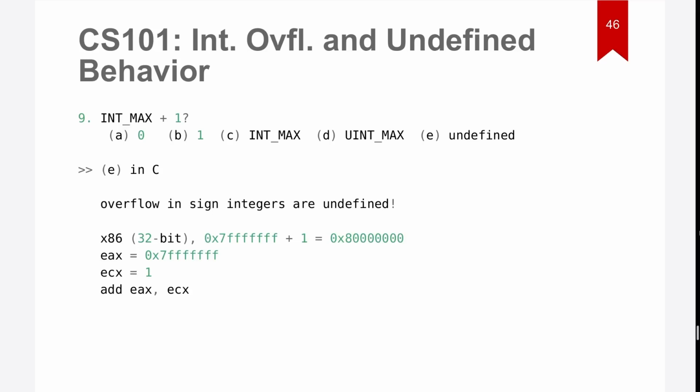On your 32-bit x86 processor, that will end up setting only the most significant bit to 1, and everything else ends up 0, because that's essentially 7FFF... plus 1. And you can interpret that as signed or unsigned, whatever your program does.